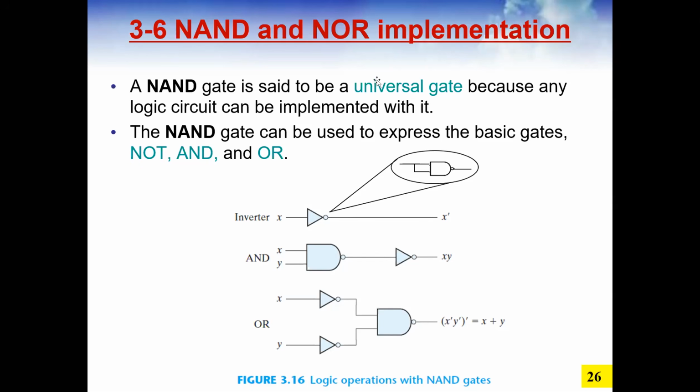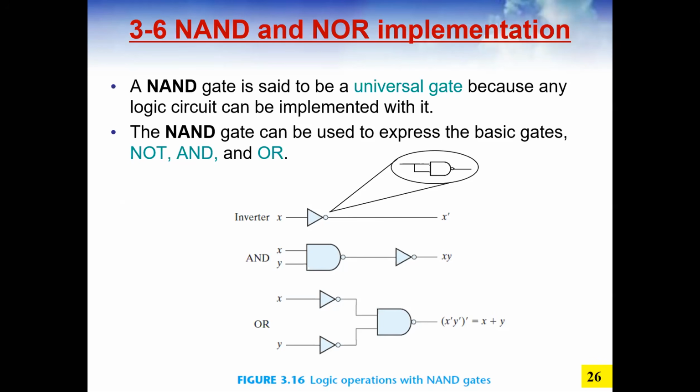Okay, read it. At least you can read it. It's very simple, mentioned there. Any logic circuit can be implemented. Yes, absolutely right. Because by using the universal gates, we can implement any logic circuit.